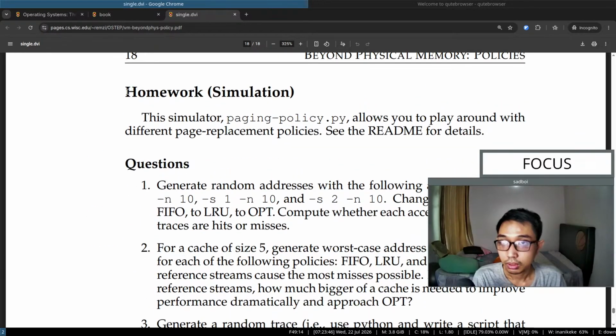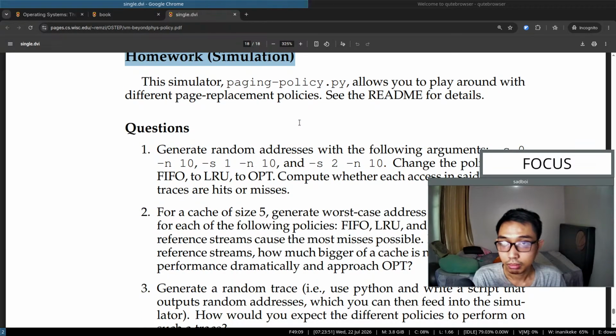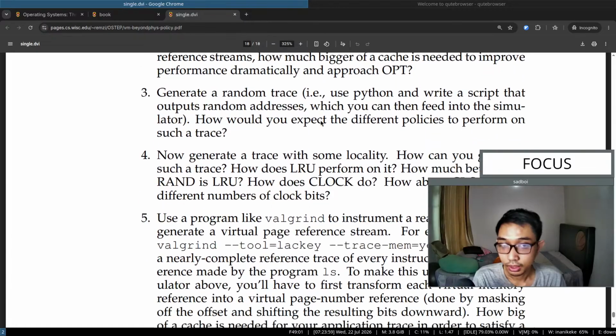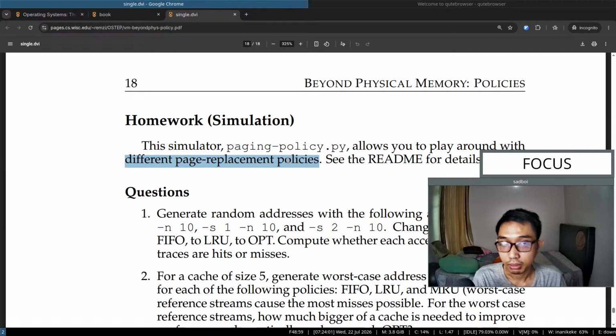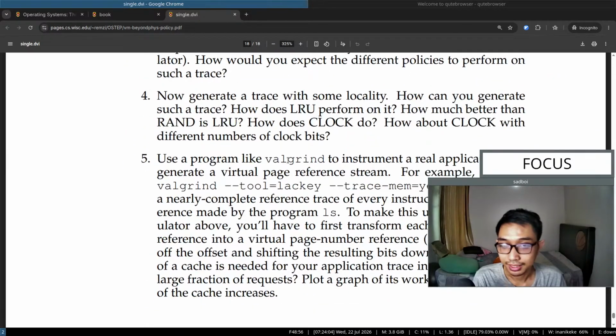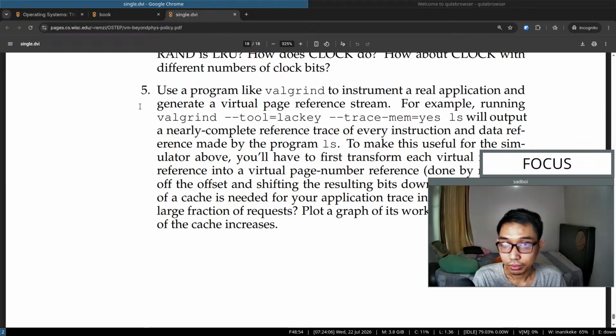We are basically checking out the different page replacement policies.